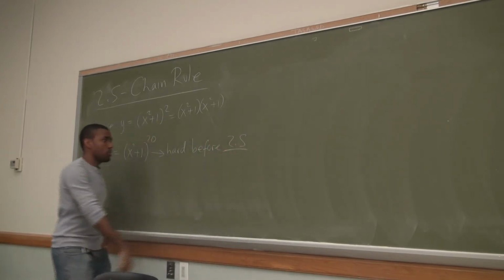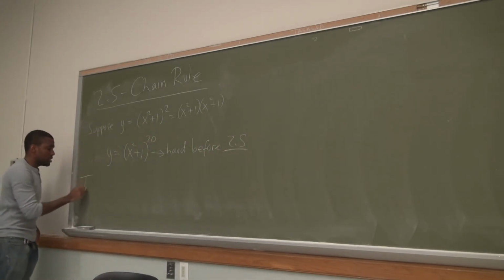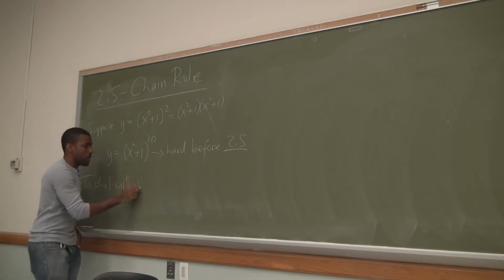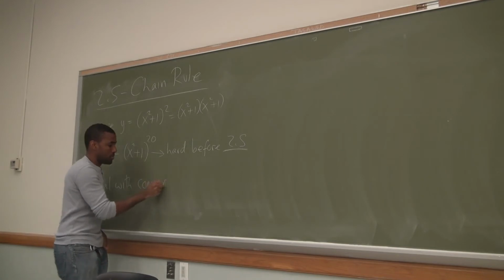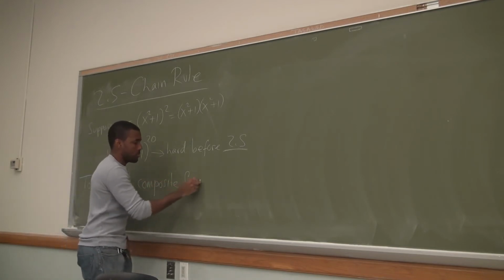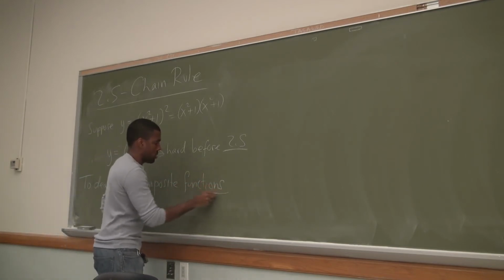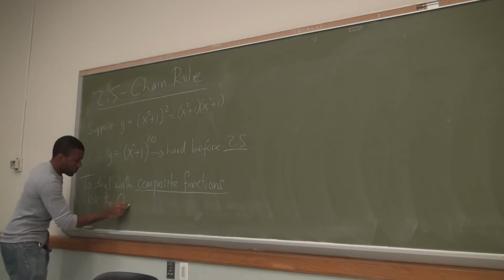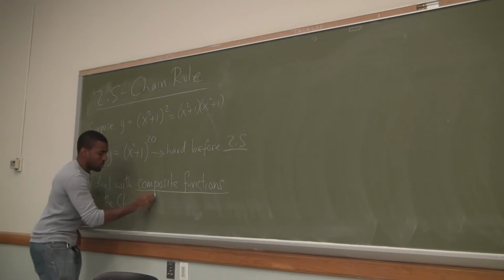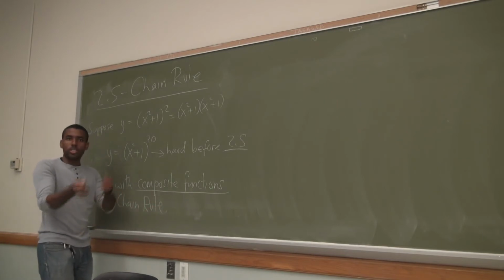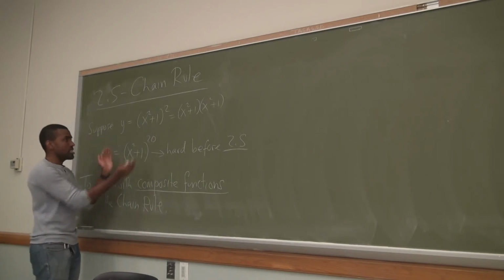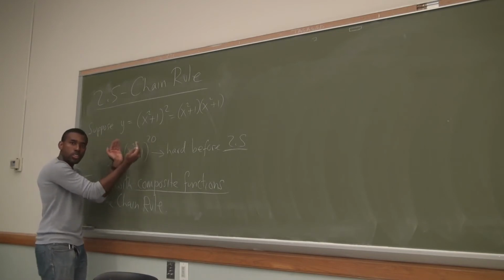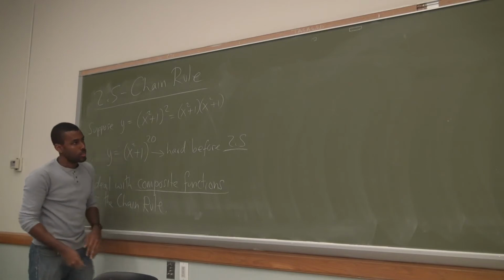To deal with guys like these, which are composite functions, use the chain rule. Remember what composite functions are: just functions within functions. So this is not just x to the 20, it's a whole function to the 20, a whole function replacing the x.